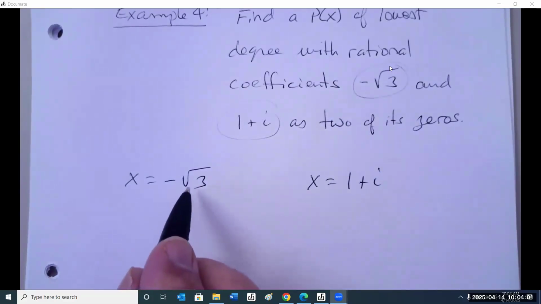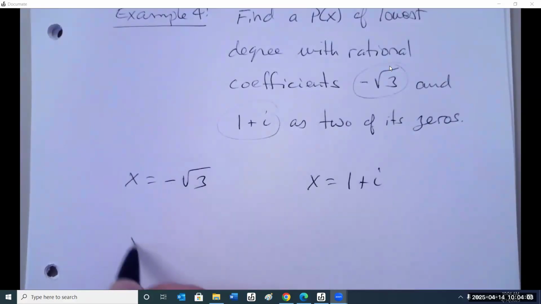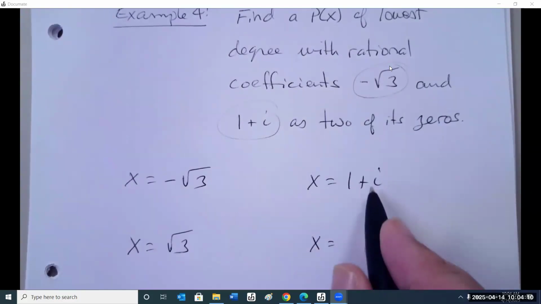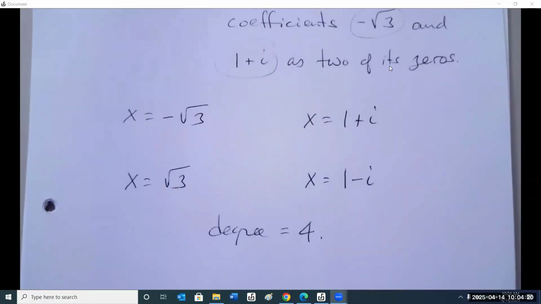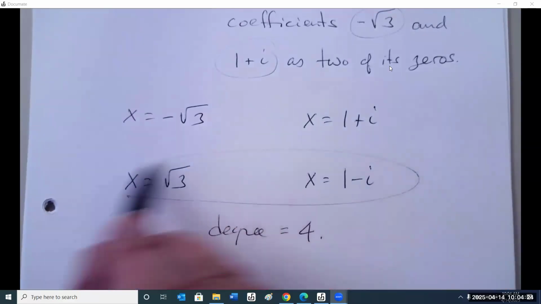Well, since this is a radical, it's negative, I need its conjugate. So I need to have that one. This is a complex number, I need to have its conjugate. So my degree will be 4. These are the other two zeros that are missing.